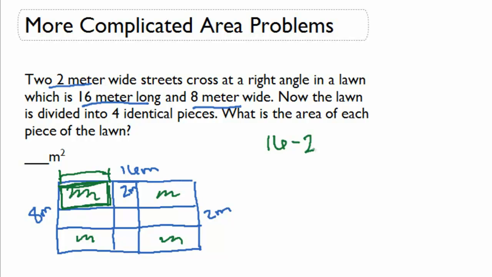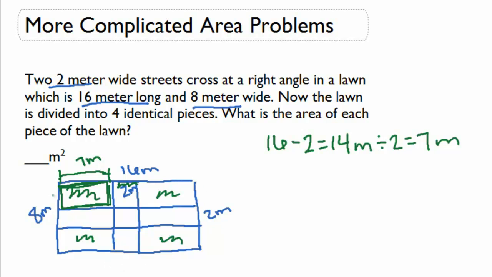So I'm going to subtract 2 from my 16 and find that now the total minus the part where the road is going to be 14 meters. And since I have 2 even parts, I'm going to divide that 14 by 2. 14 divided by 2 is 7 meters. So this length right here is 7 meters.